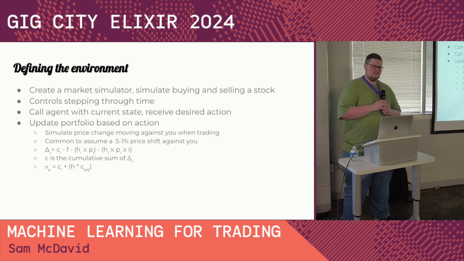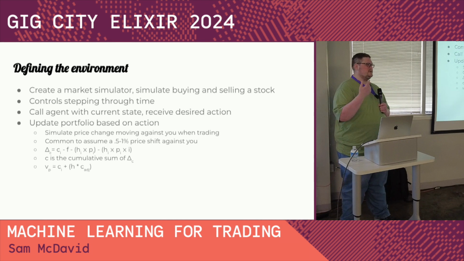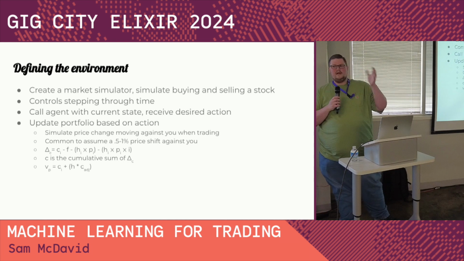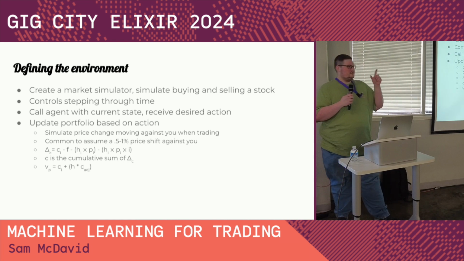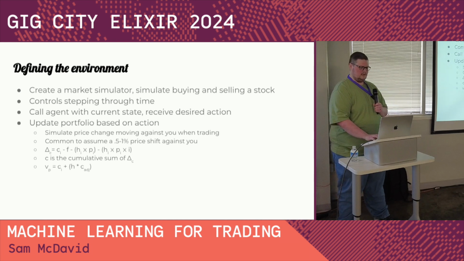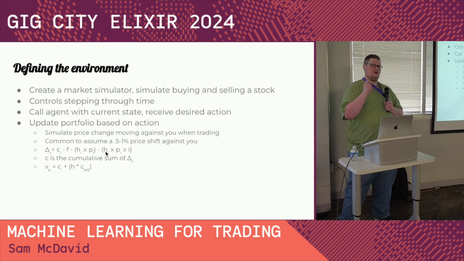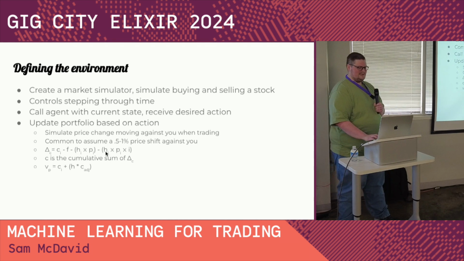So in simulating this specifically in a stock setting, every time you make a trade, the market moves against you. So you want to simulate that as impact, which in this formula here is going to be I. H is going to be how much of the stock that you're holding. P is going to be the price of that stock.